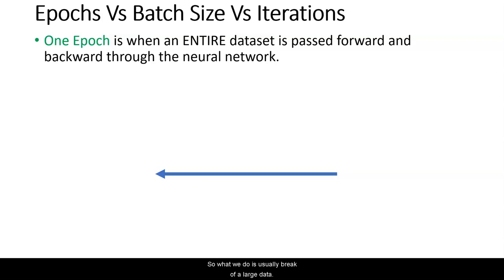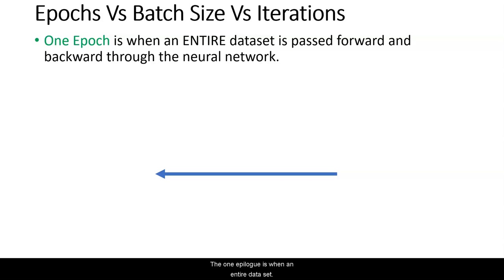So what we do is usually break our large data set into smaller chunks and give these chunks one at a time to our machine learning or deep learning model, and based on these chunks of data, we update the weights of our neural network at the end of every step to fit that data set into the model.